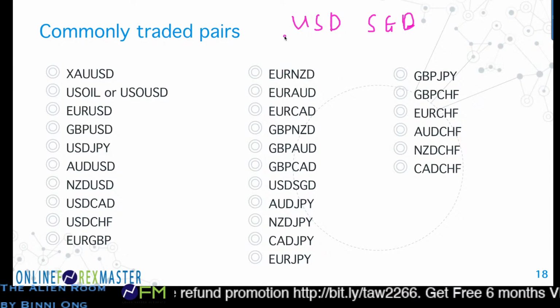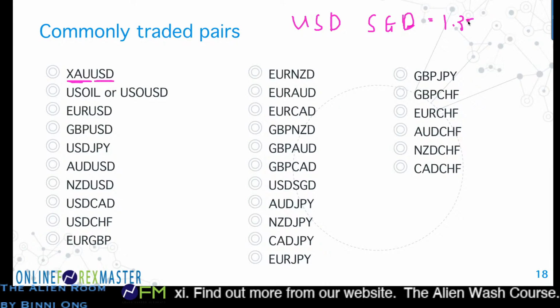So for example, you take a look at the forex pair or any of the pairs like XAUUSD. This gold is priced against the USD. If you have dollar versus Sing, what does it mean? When dollar versus Sing is equal to 1.35, what it means is that the front currency, which we call the first currency, is always equal to 1, and the 1.35 is always attached to the second currency.